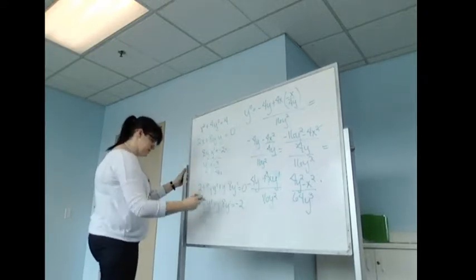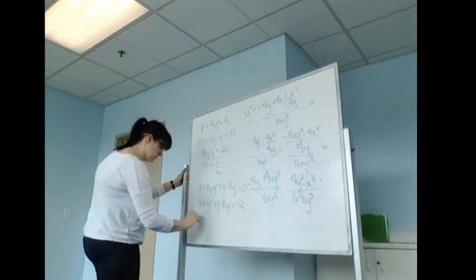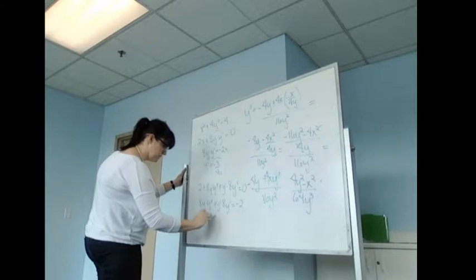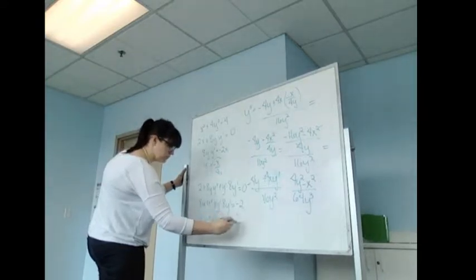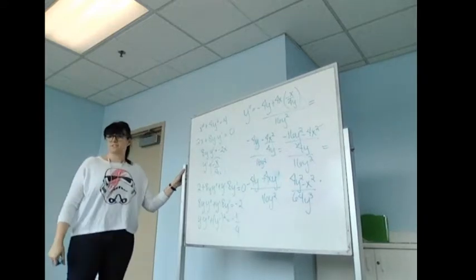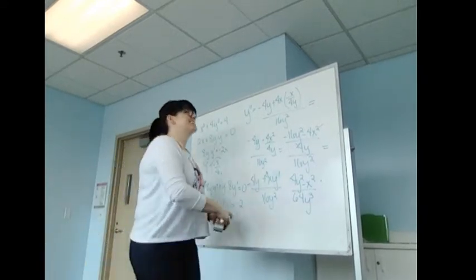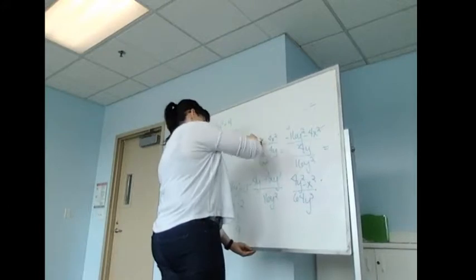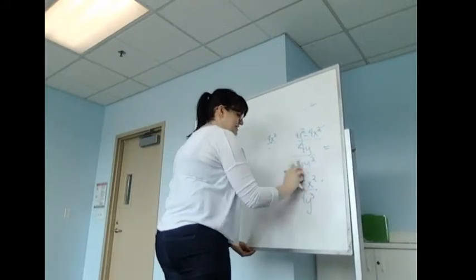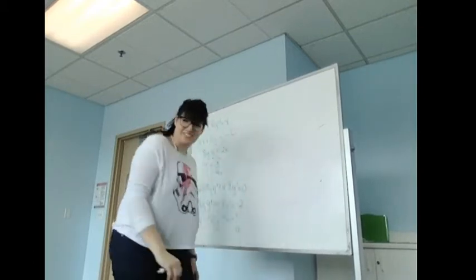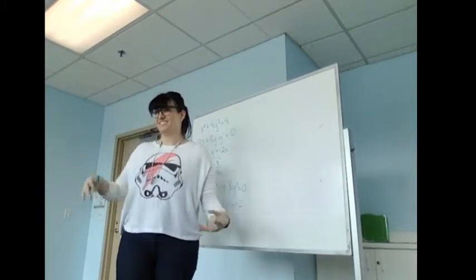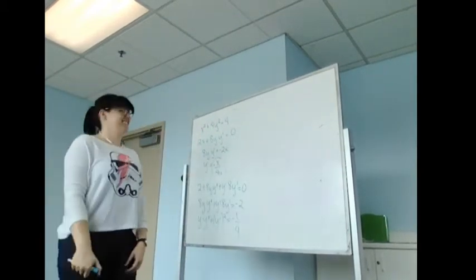Divide everything by 8: y times y double prime plus y prime squared equals negative 1/4. And now I'm going to plug it in. Still on fire. Sorry, that's my flames.